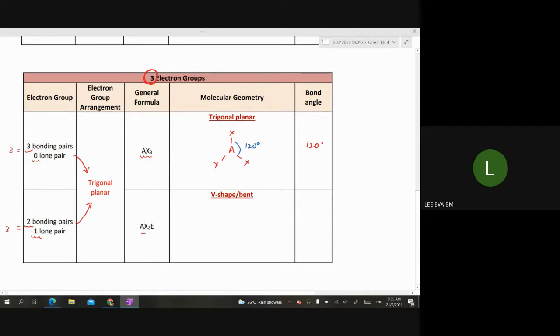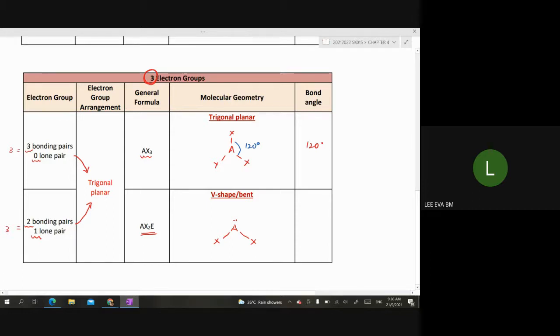But the general formula now changes a bit to AX2E. Dua bonding pair, satu lone pair. So now the molecular shape changes a little bit. Since we have only two surrounding atoms, kita letak macam shape Trigonal Planar juga, tapi dekat atas A kita ada satu lone pair.